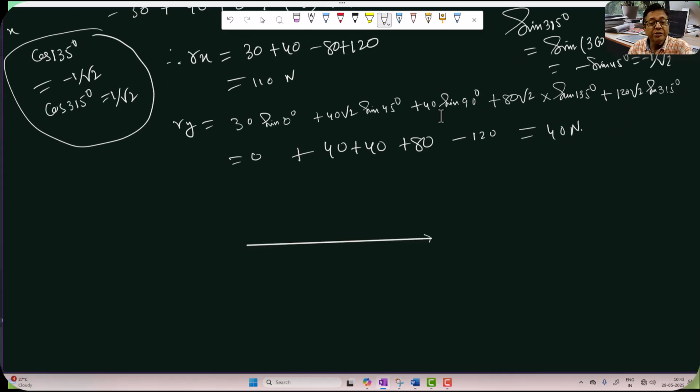Now you have two vectors only, that Rx is there, sum of all the components. Rx is 110 Newton. What is Ry? Ry is going to be 40 Newton. So resultant going to be what?